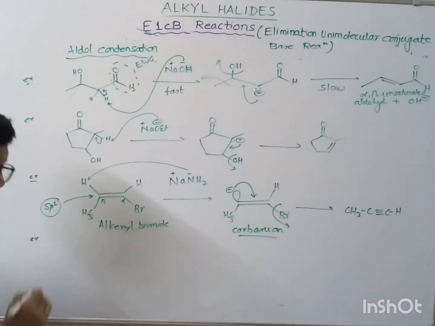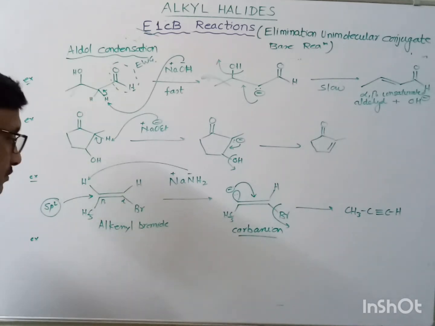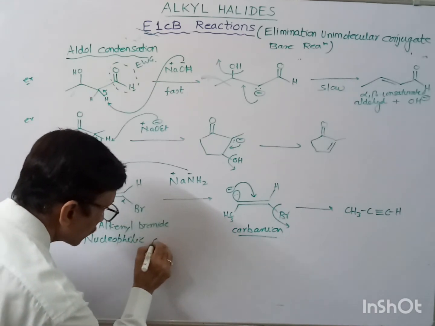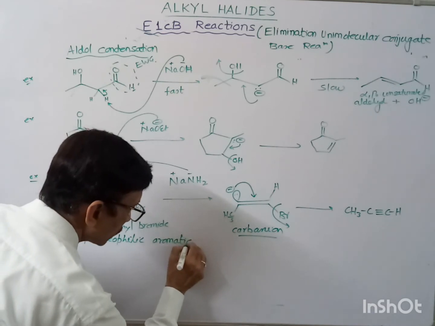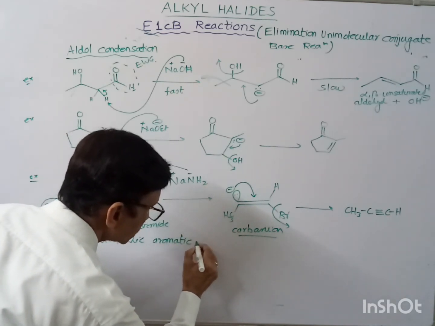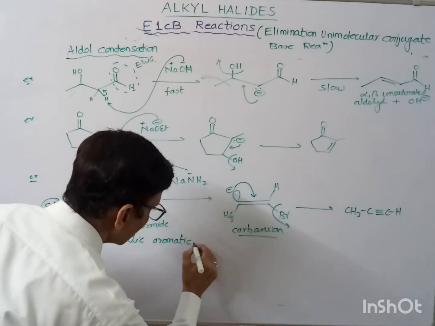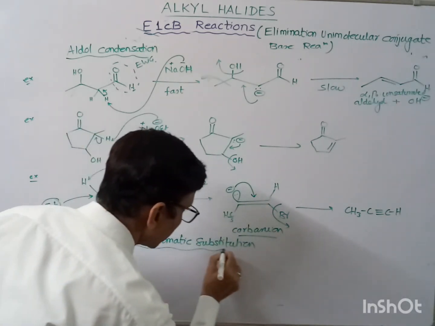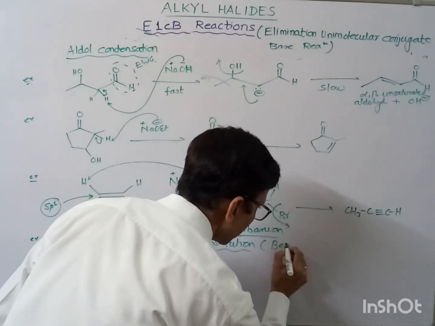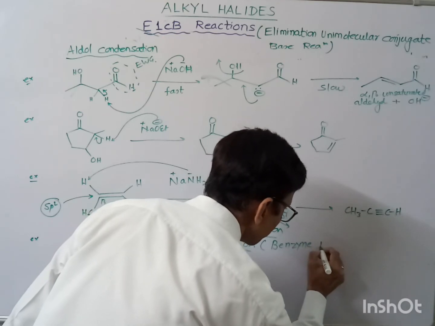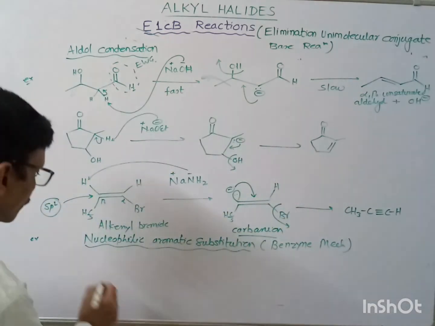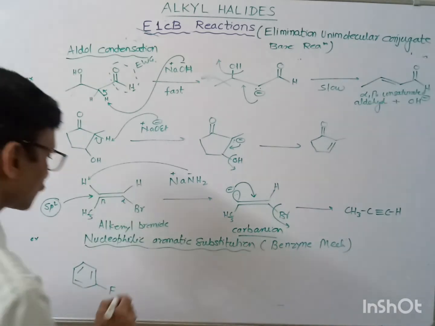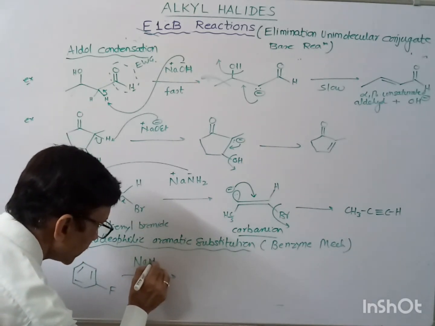In the same way, another example is nucleophilic aromatic substitution, a reaction which occurs with the formation of benzyne as an intermediate. So it occurs via the benzyne mechanism. Suppose we have fluorobenzene in the presence of sodium amide, a strong base.